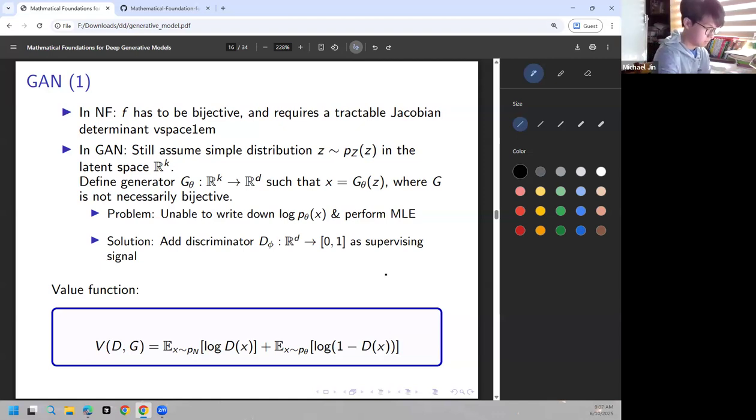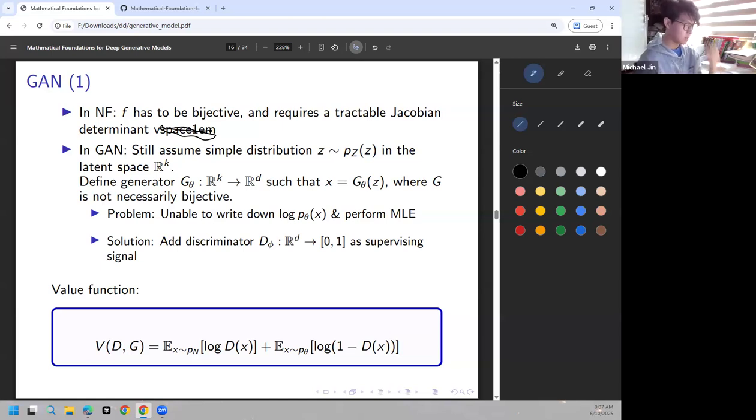On the generative adversarial network, we can still assume we have a simple distribution: the prior distribution Z follows p_Z of z in the latent space R^K. Now, because we do not require it to be bijective anymore, the dimension K can be less than D. It is not required to be the same.